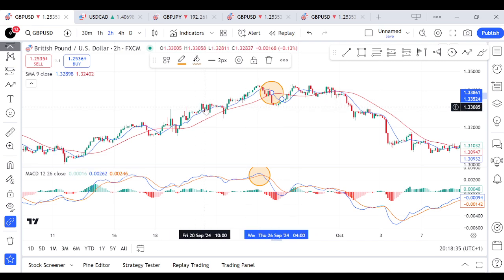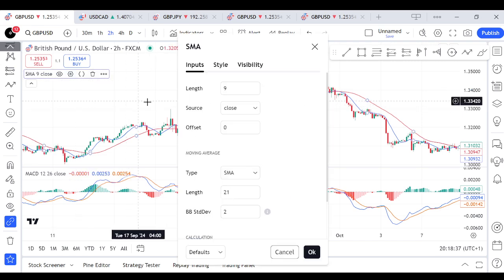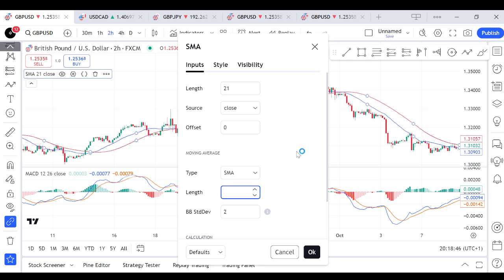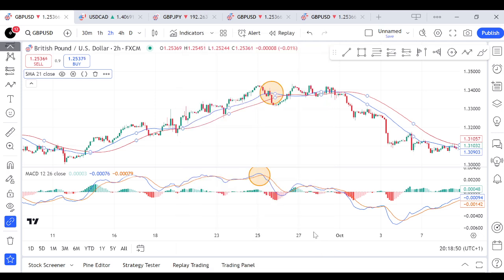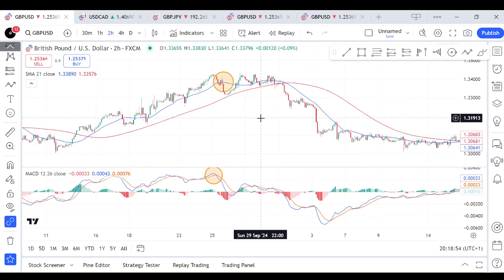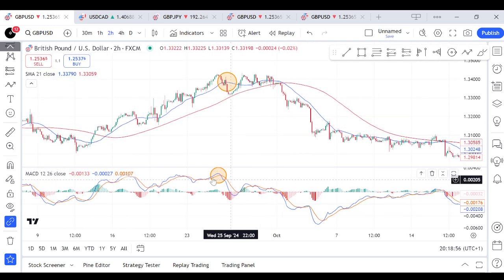If you're to use the death cross, let's change the days. Let's use the 21-day for the faster moving average, and let's use the 50-day or the 55-day. Let's use the 55-day, and now this will give us clearer signals. You can see here we had this cross.